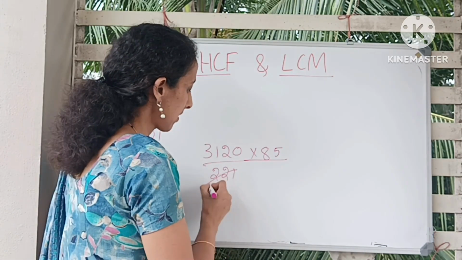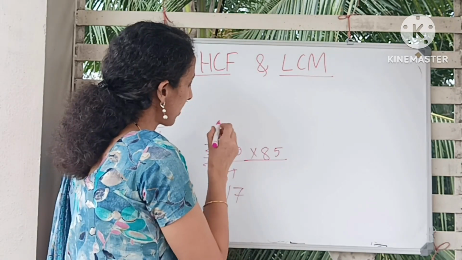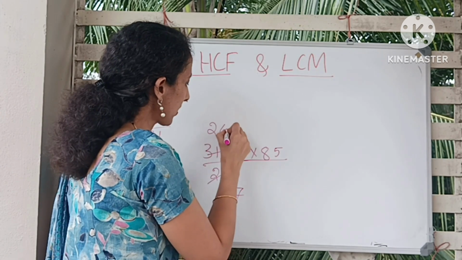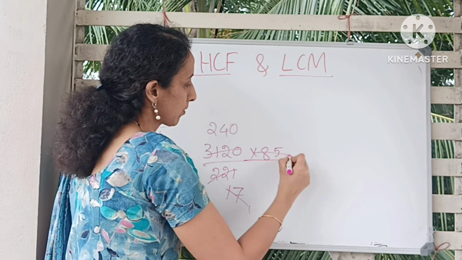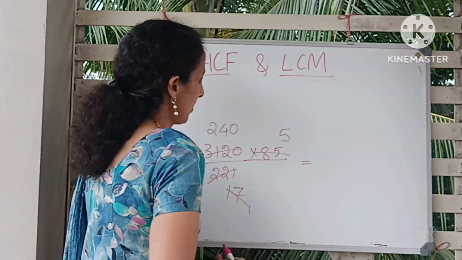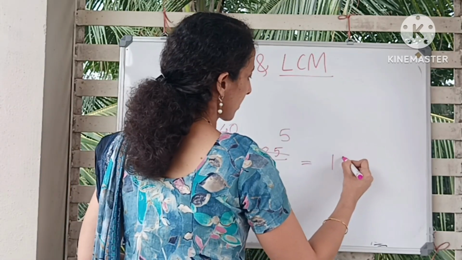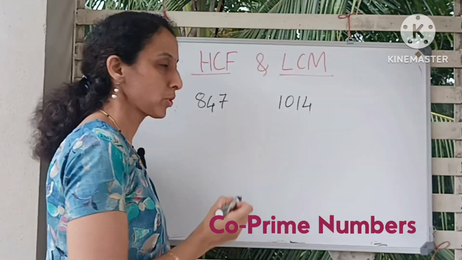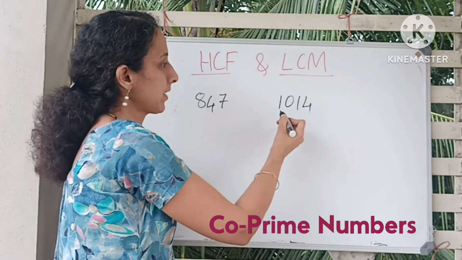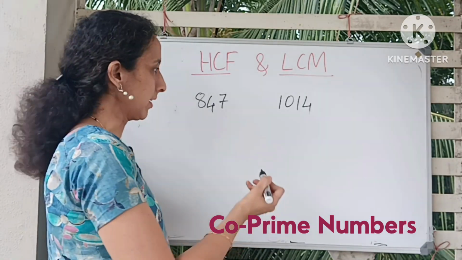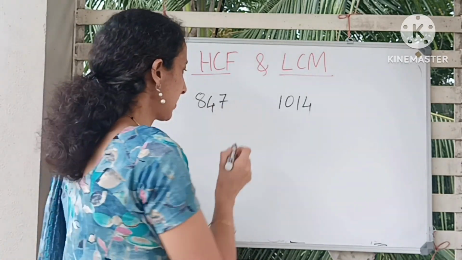So in this case, when we get 17 and 240 here, we are able to do this and get this as 1200.